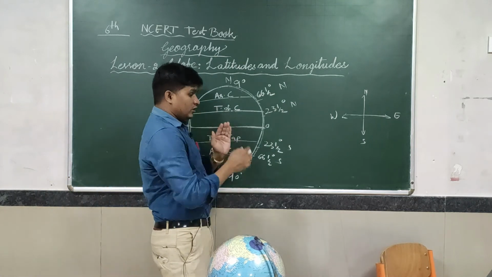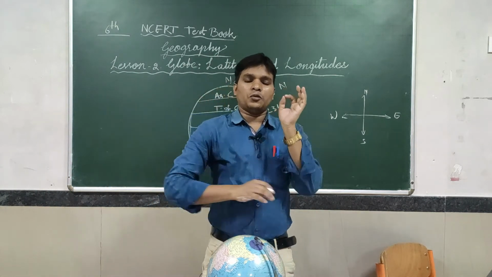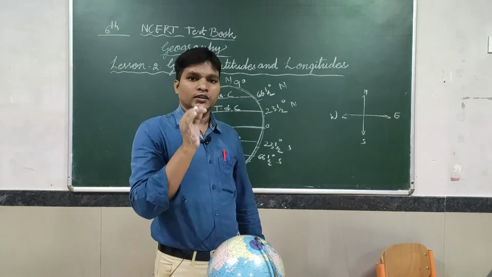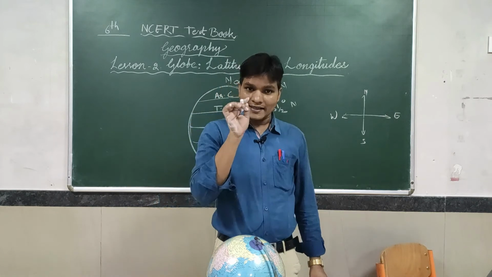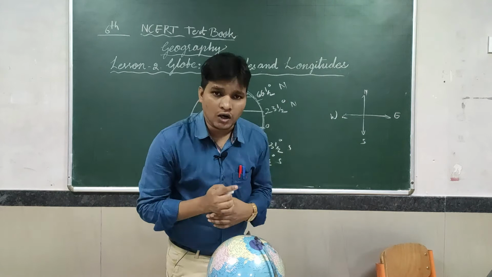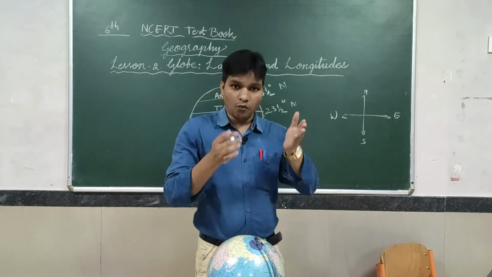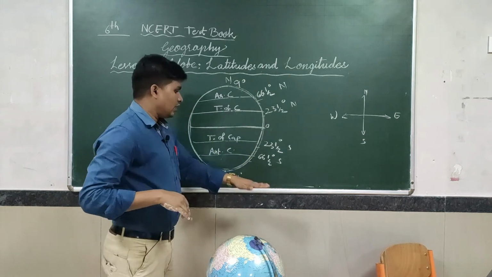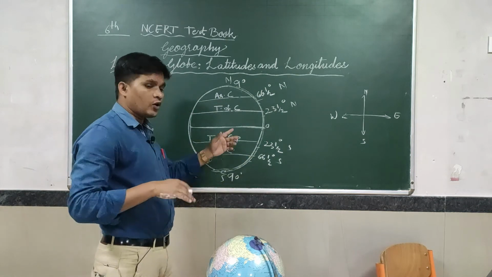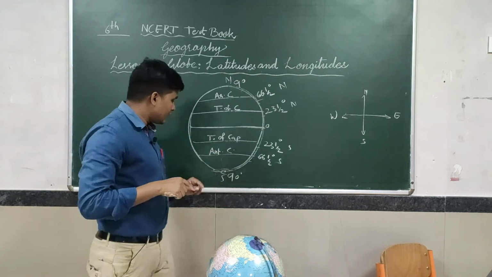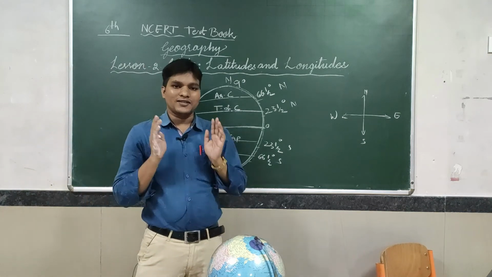Means the north side 23 and a half degree north is called the Tropic of Cancer, and 66 and a half degree north is called the Arctic Circle, while 23 and a half degree south latitude is called the Tropic of Capricorn, and 66 and a half degree south latitude is known as the Antarctic Circle.